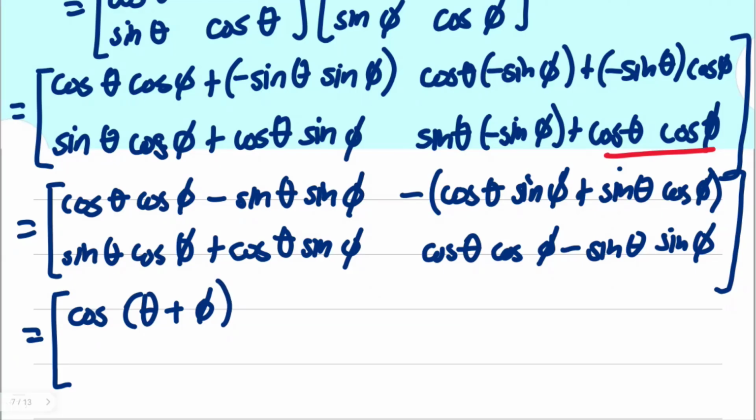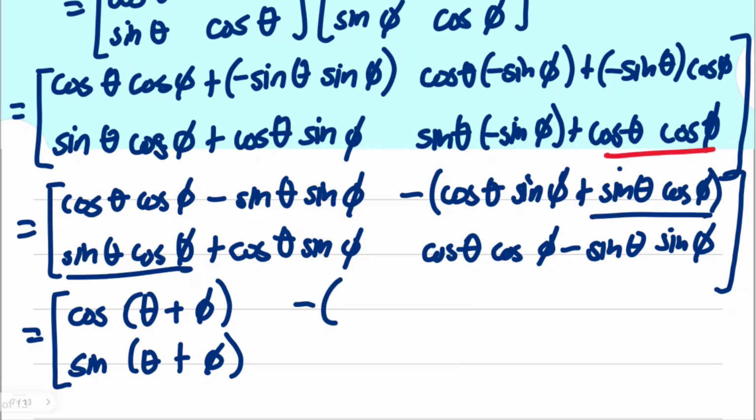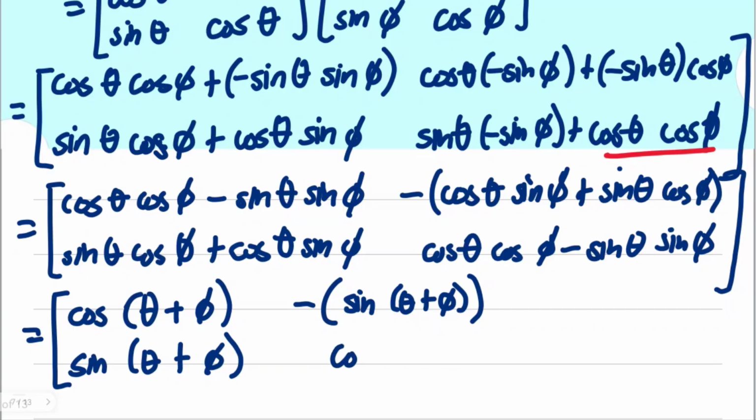Review your trigonometric identities. This one here is sine of theta plus phi. Here you have negative of, take note, you have this similar to that, and this anti-similar to this. But this is actually just negative of your sine of theta plus phi. At the bottom, you will have cosine of theta plus phi.